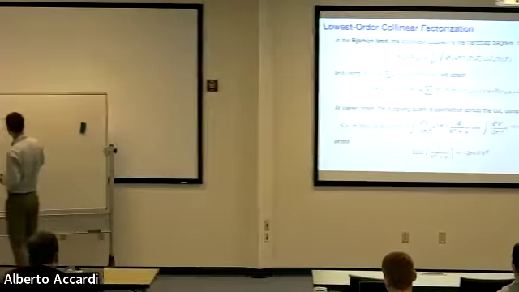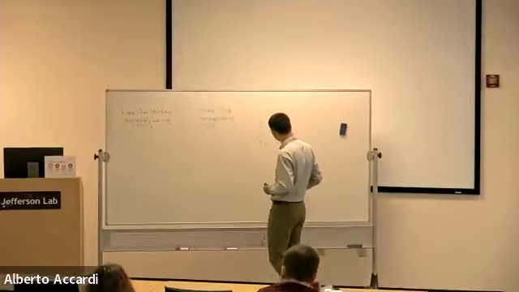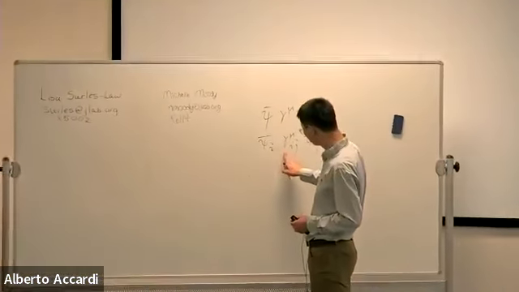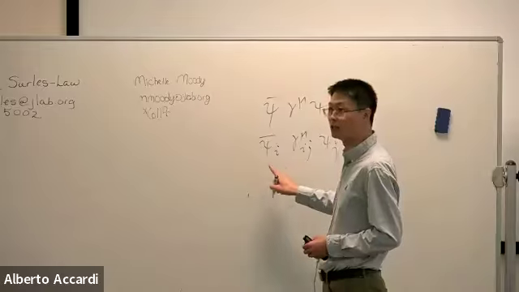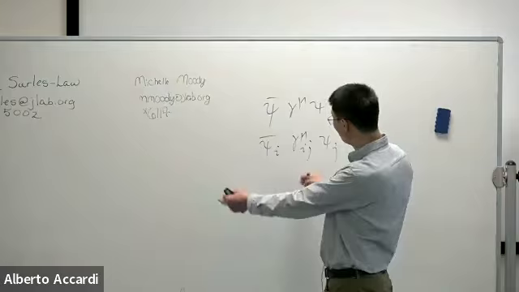So that means you have this i, gamma mu, ij, j. Because this is the 4x4 matrix, this is the 4D, this is the row, this is the column.